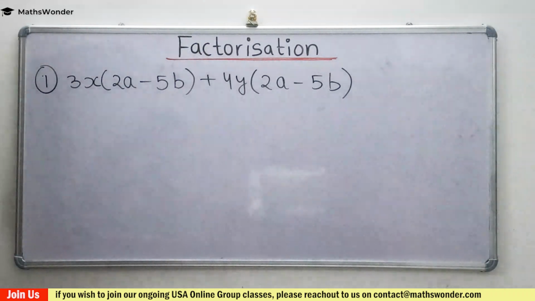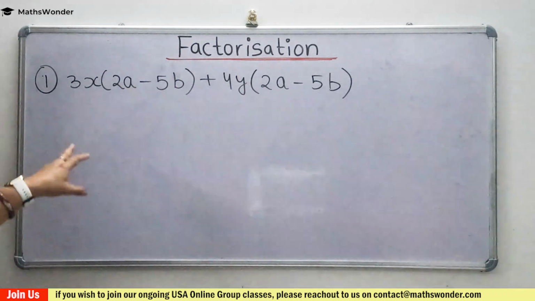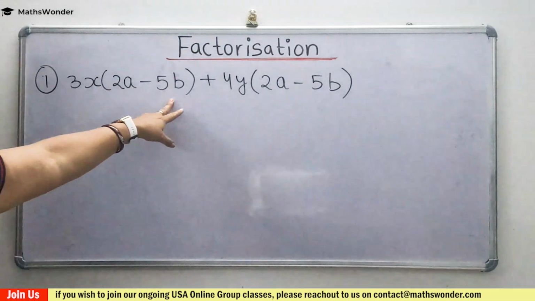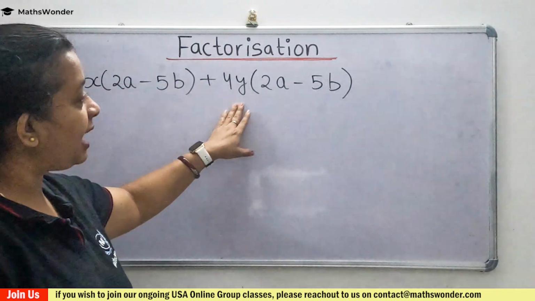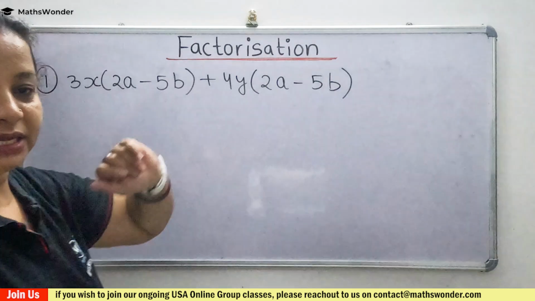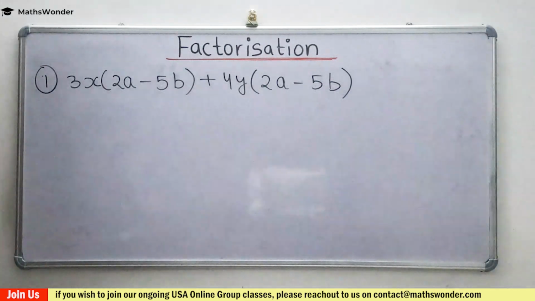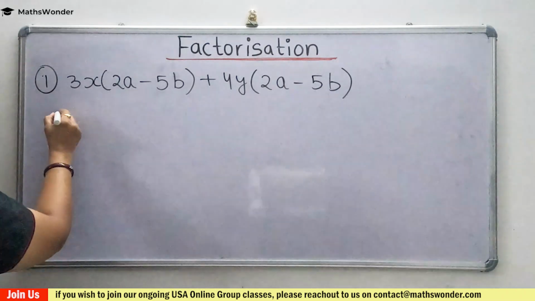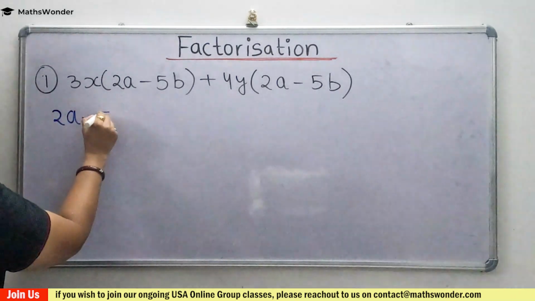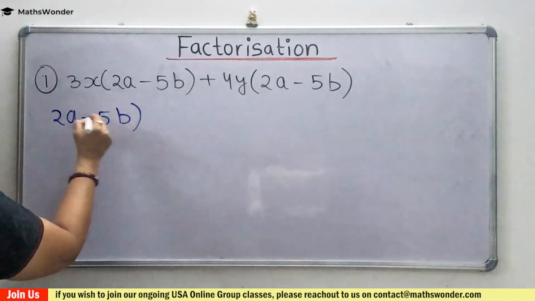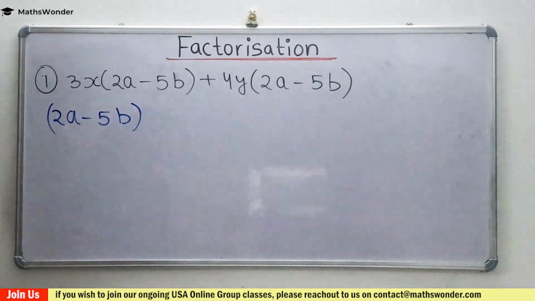You have to find a common binomial factor which can divide 3x(2a minus 5b) and 4y(2a minus 5b). So what is the common binomial? Can you find it easily? Yes, you can. 2a minus 5b is the common binomial, as you can see in the question.